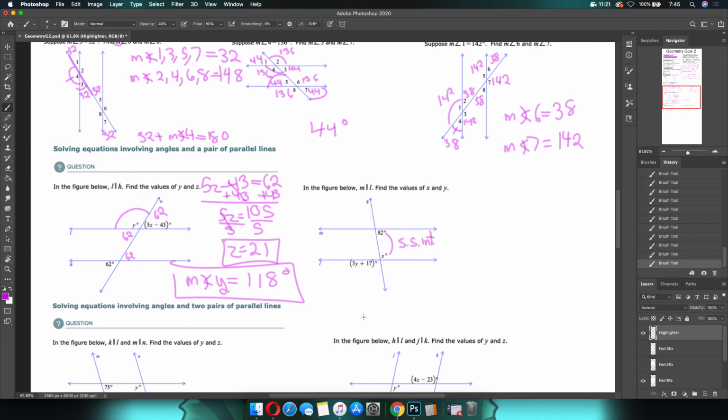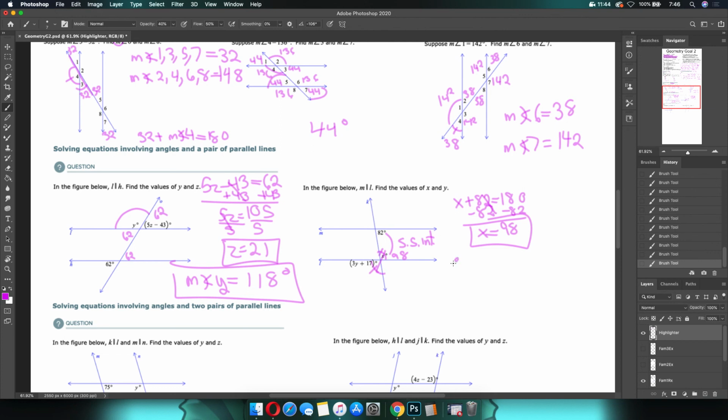That's my abbreviation for same side interior, which means they add up to 180. So x plus 82 equals 180. Minus 82, x equals 98.